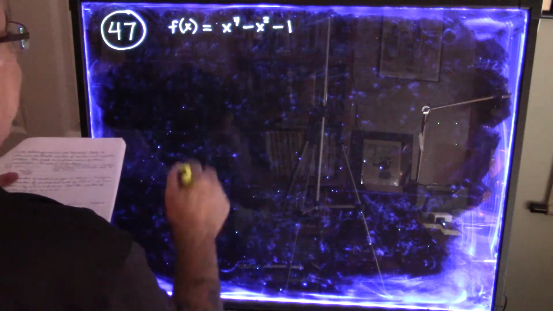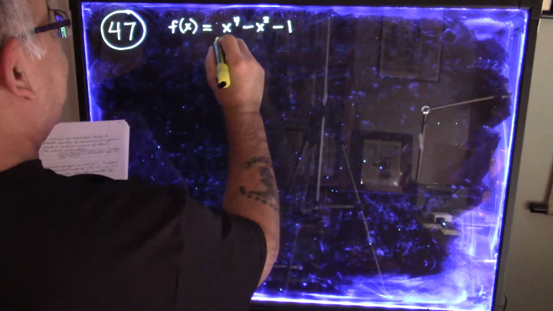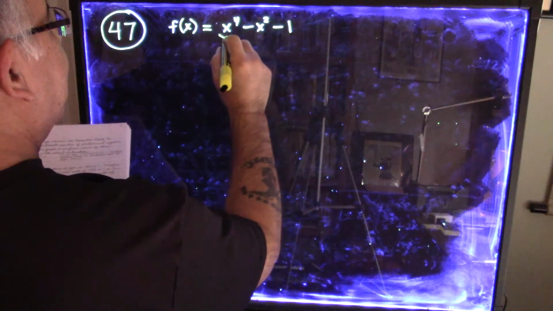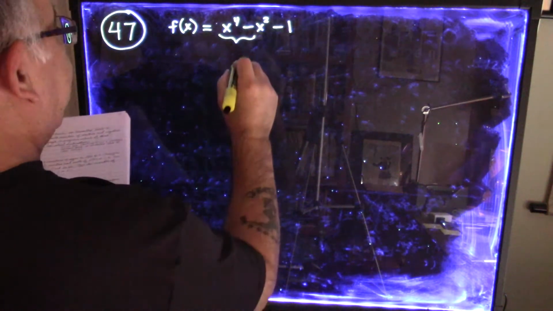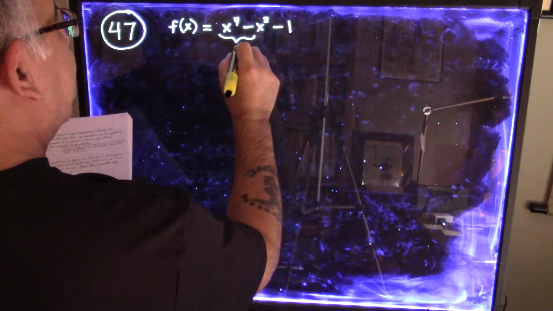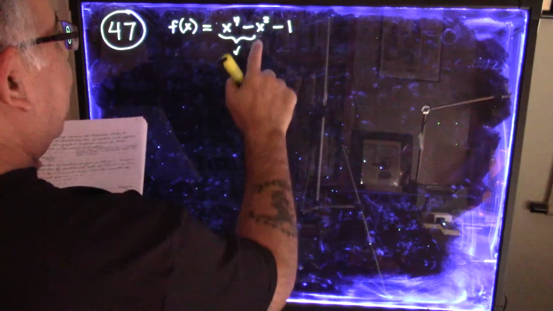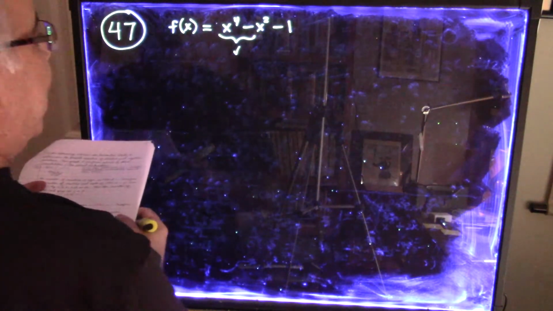And what do we have? We go from positive to negative. That's one change of sign. I'll just show it like that. That's a variation there. So check. And then from negative to negative, which is not a variation. So we just have one variation of sign.